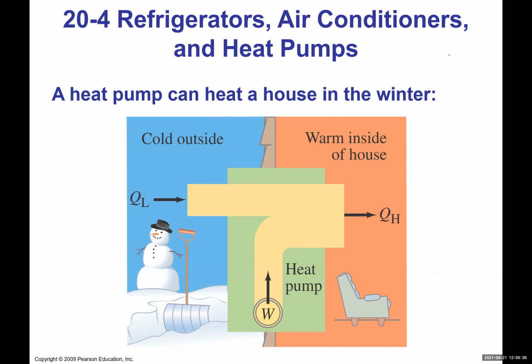Energy naturally will not go from cold to hot, but we can have a heat pump with an electric motor that takes the energy, very similar to air conditioning. It takes the energy from outside, does work, and sends the heat into the room. So inside your house basically warms up.